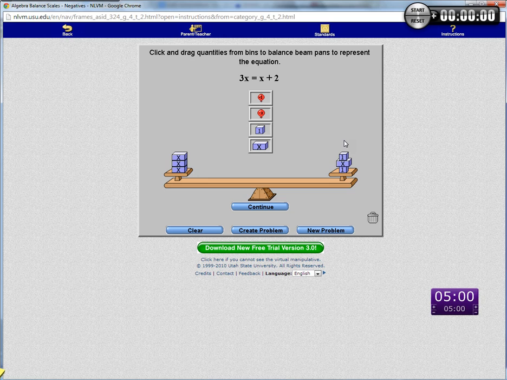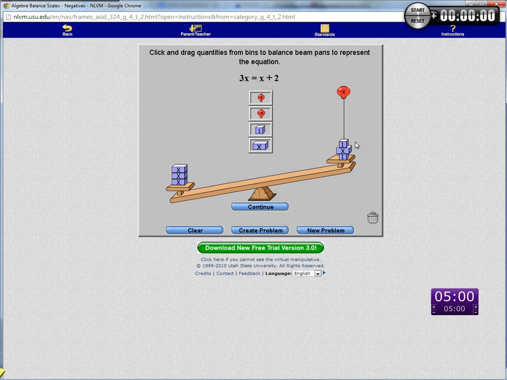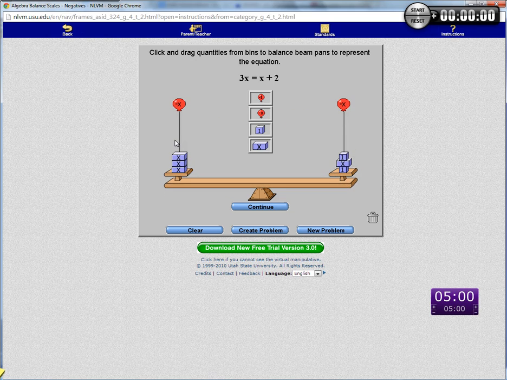If positive weight pushes down, how could you pull up on that scale? Take a look at the pictures you see. A balloon, right? A balloon filled with helium, that could represent negative weight. So we can subtract an x from this side, and subtract an x from this side.